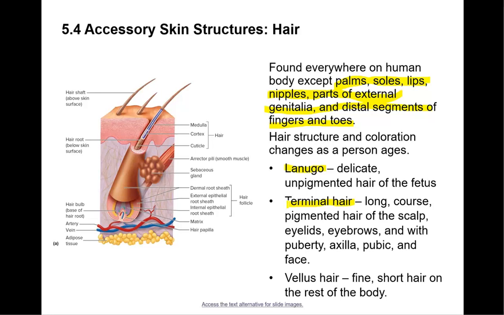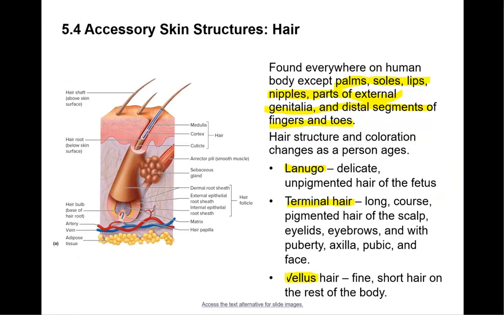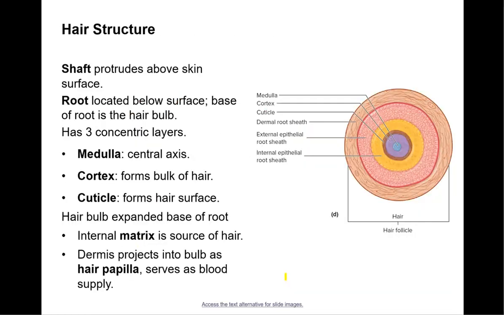The other type of hair that's fine is called vellus hair, the fine, short hair on the rest of the body. So terminal hair is the coarse hair on your head and under your arms, and vellus is the fine hair that tends to be lighter in color most times.